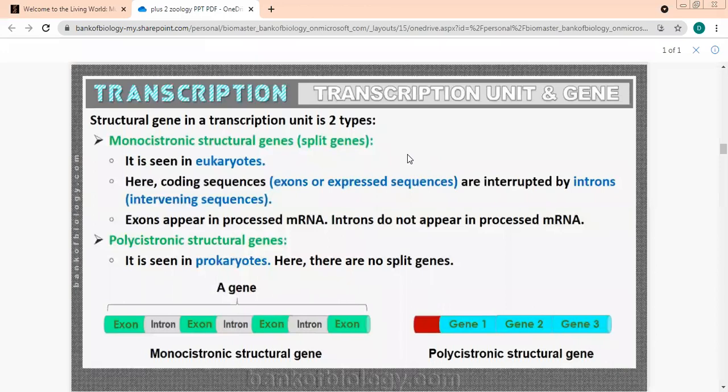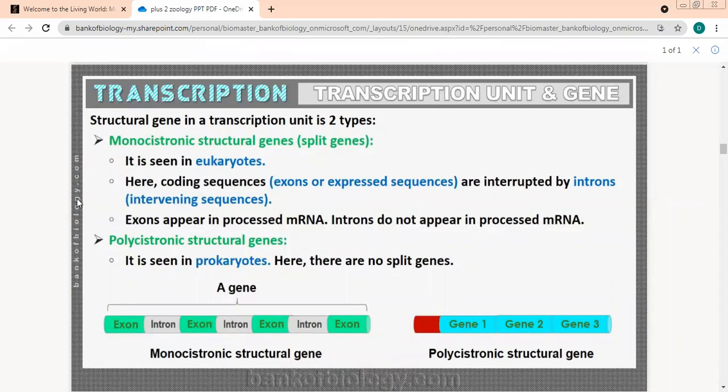When we talked about a transcription unit, we had three regions: a promoter region, a structural gene, and then a terminator. We said that transcription takes place in the middle area, the structural gene area. Only at the promoter side does the enzyme come and bind. So, beta, the structural gene is of two types. Number one, monocistronic, which you will find in eukaryotes.